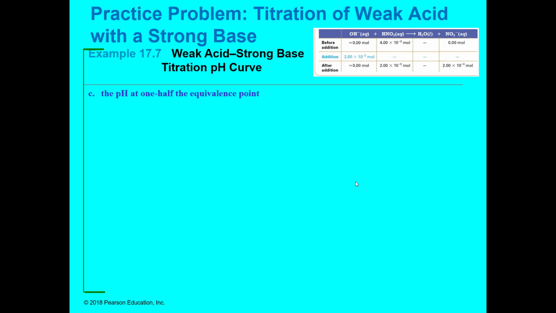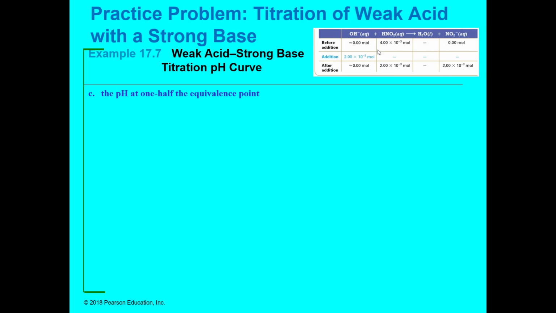Okay, now it's asking me, what's the pH at 1/2 the equivalence point? 1/2 the equivalence point means that I have added half of the base of what the acid concentration is. If it was at equivalence point, they'd be the same, right? But at 1/2 the equivalence point, I've added half.